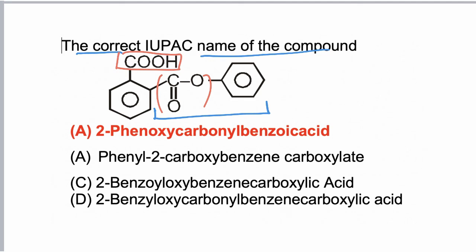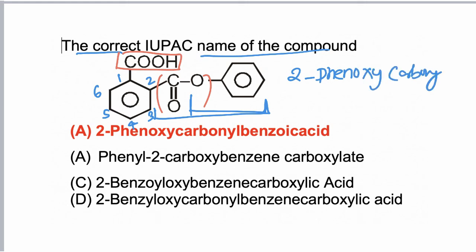Now if ester is a substituent and attached through the carbonyl group, through the CO group, then the name of ester is phenoxycarbonyl. So first, second, third, fourth, fifth and sixth. At second position a phenoxycarbonyl group is present. So the name of the molecule is 2-phenoxycarbonyl and the rest of the molecule, benzoic acid, and hence the correct answer is A.